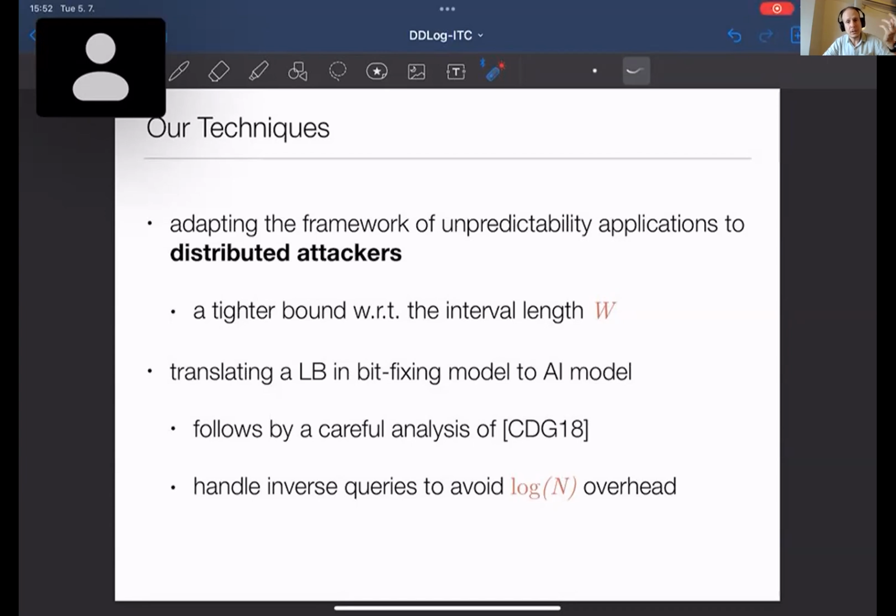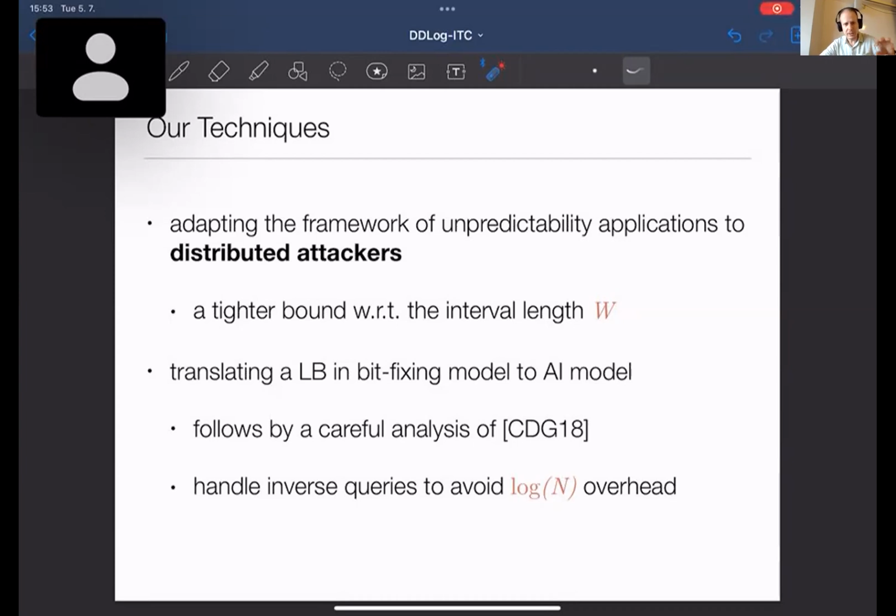One big difference that we had to address is that in the distributed D-log, there are two algorithms, Alice and Bob, and the problem is hard because they cannot talk. You want to capture this in order to get a better bound, in particular a bound that captures the size of the interval W. So we had to adapt the previous works to the setting of distributed attackers and address this technicality.